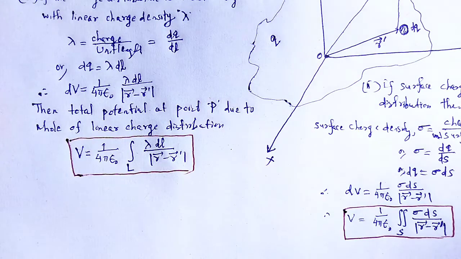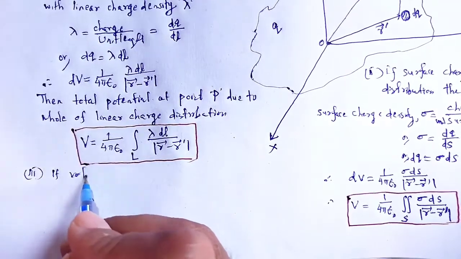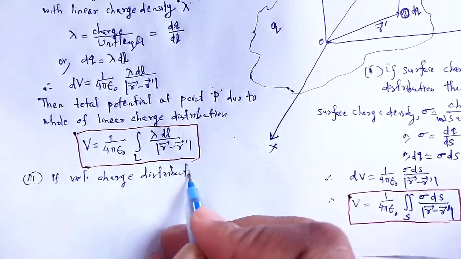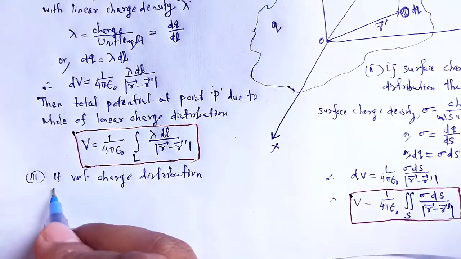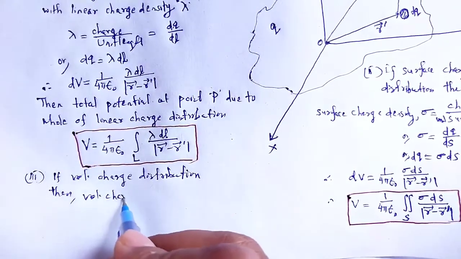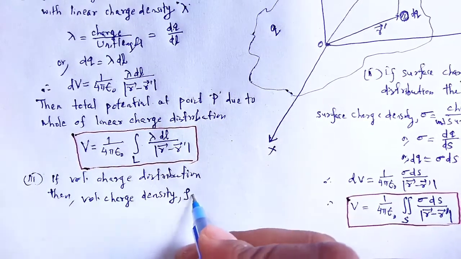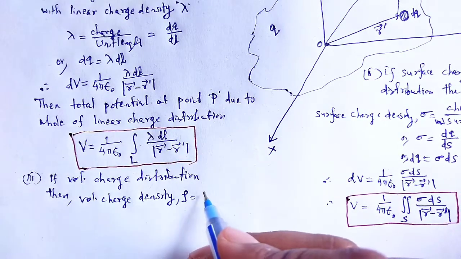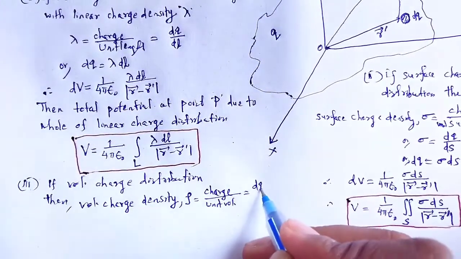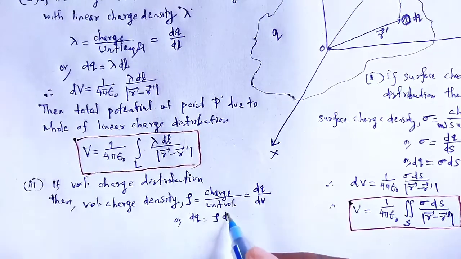Third, for volume charge distribution, the volume charge density rho is equal to charge per unit volume, that is dq per unit volume dV. So dq is equal to rho dV.